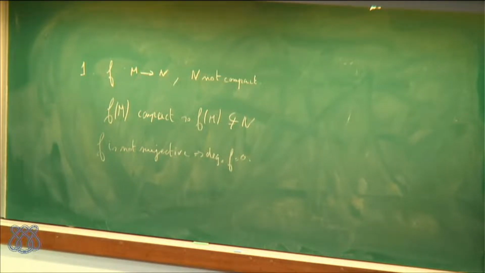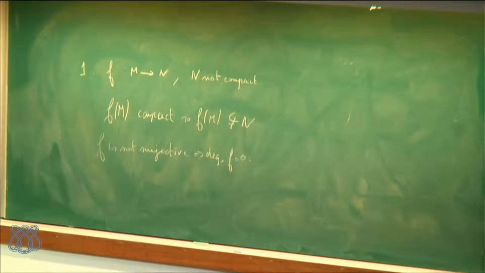So do you want me to prove the formula, degree of g composed with f is the degree of g times degree of f, or do you want to skip to another exercise? Maybe.